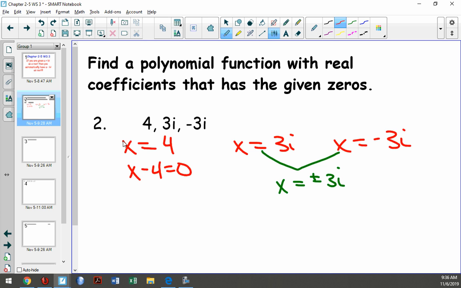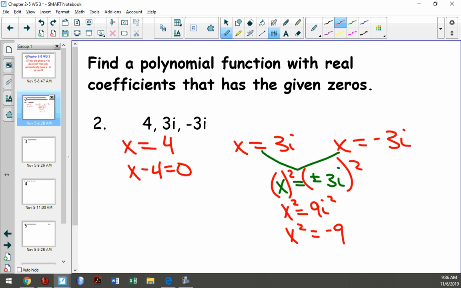Do you remember that? Remember we did that before? And how did we get rid of the plus or minus? We squared both sides. So x squared is equal to 9i squared. And what is 9i squared? Negative 9.